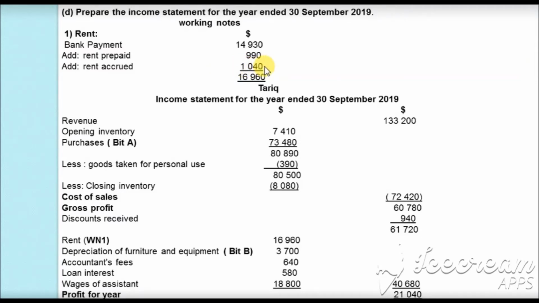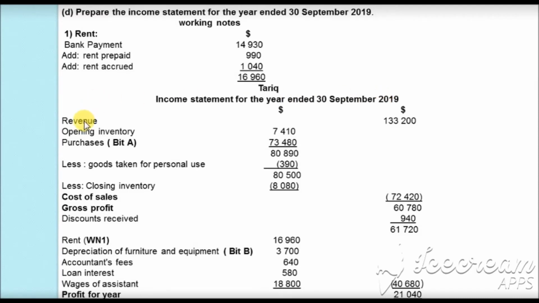So we are going to add $1,040. So for us the total rent will be $14,930 plus $990 plus $1,040, and hence the total will be $16,960 for rent.